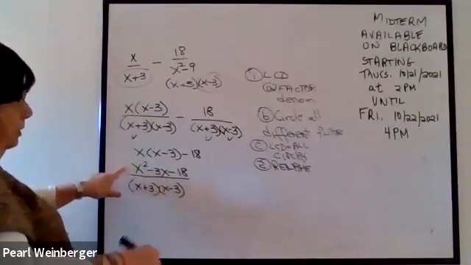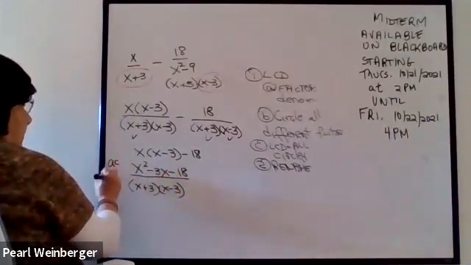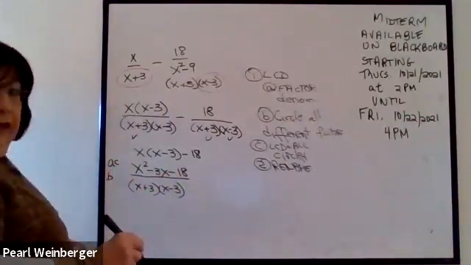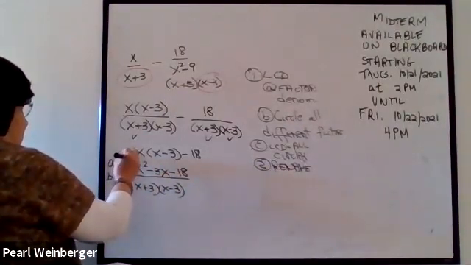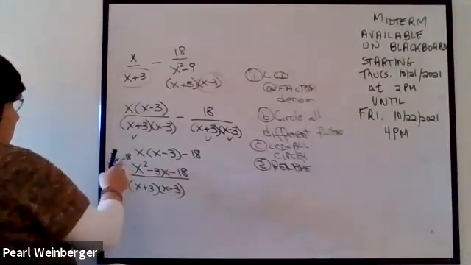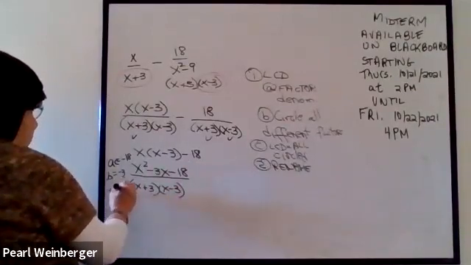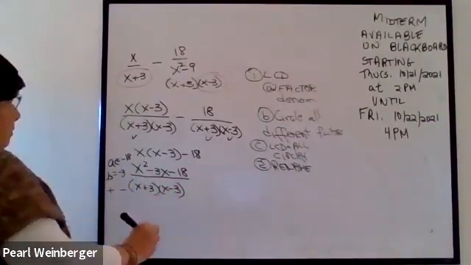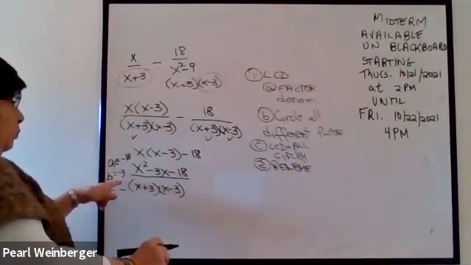And this is a trinomial, so I'm going to use my AC method. My AC happens to be negative 18, and my B happens to be negative 3. Now, since it's negative, it means one number is going to be positive and one number is going to be negative, and we need them to multiply to negative 18, but when we combine them, we should get a negative 3.